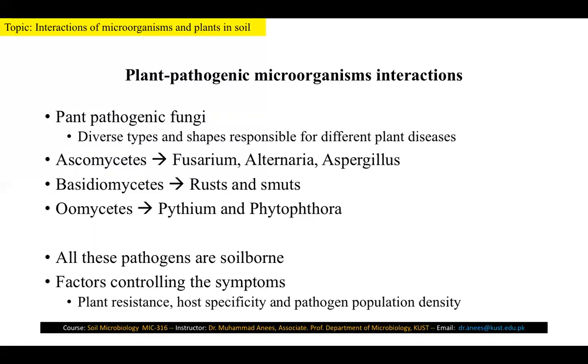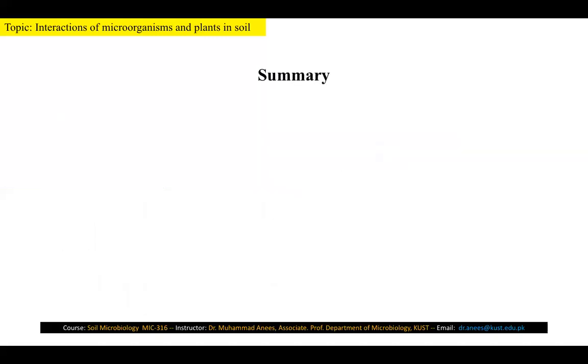Then another factor is host specificity, whether the pathogen is able to cause disease in the host, whether the host is specific, whether the pathogen is virulent, and another factor is the population density of the pathogen, whether the pathogen is present in good numbers.